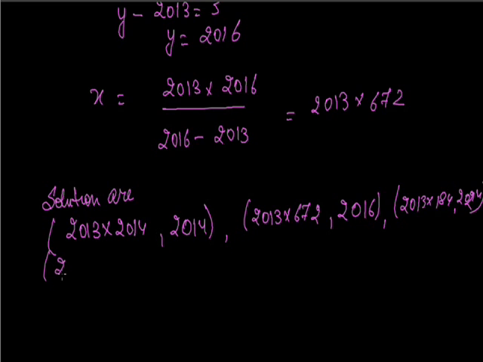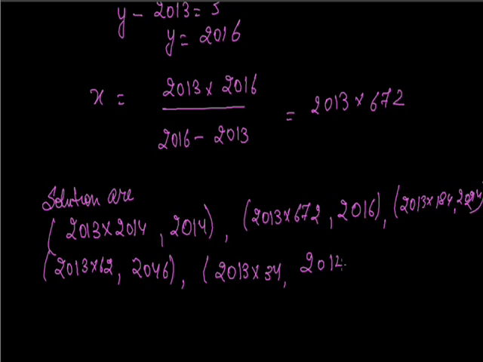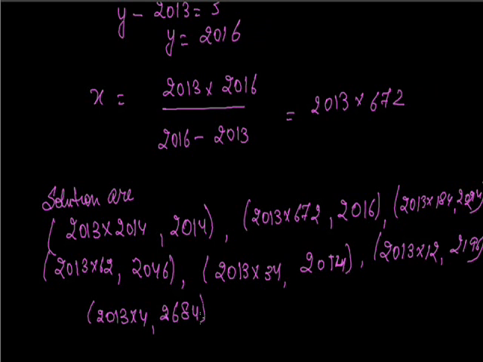Likewise, we follow the similar process: 2013 into 62 at y equal to 2046, 2013 into 34 at y equal to 2074, 2013 into 12 at y equal to 2196, 2013 into 4 at y equal to 2684, and last is 4026 and 4026.